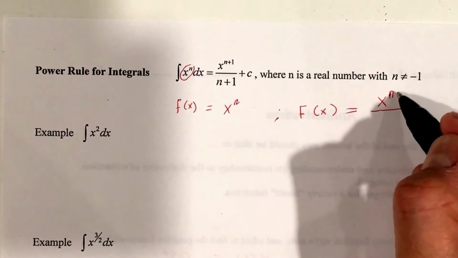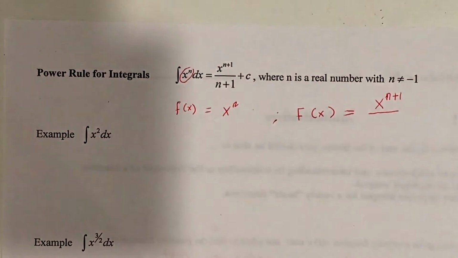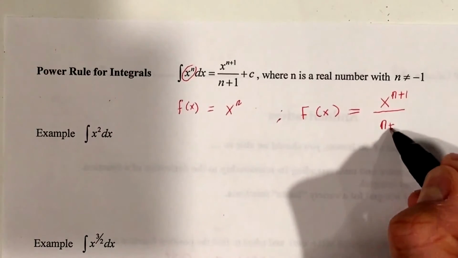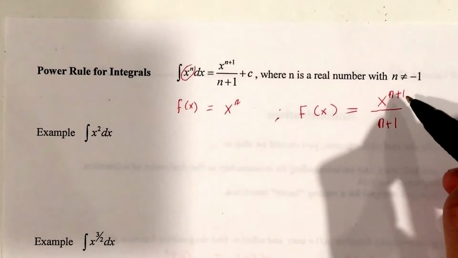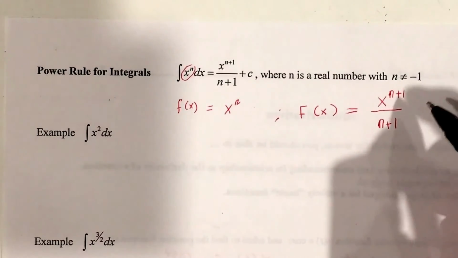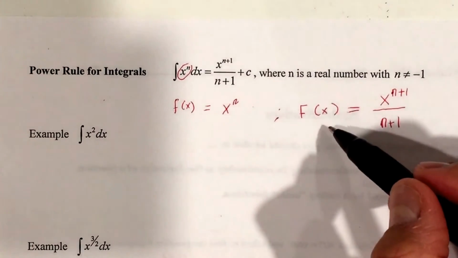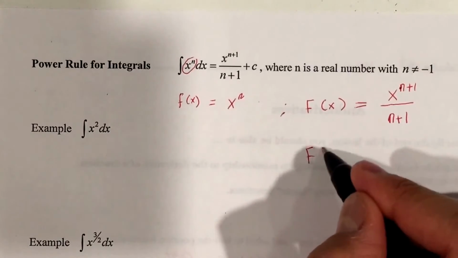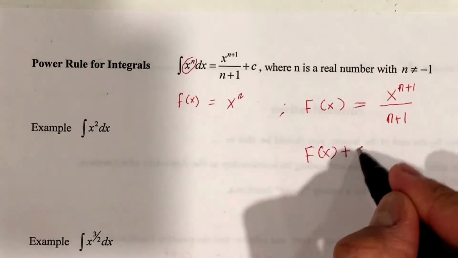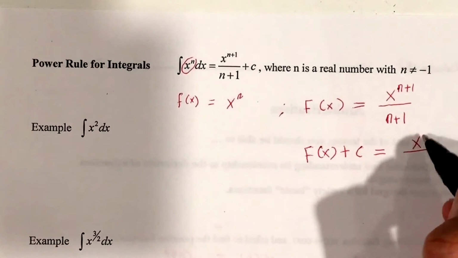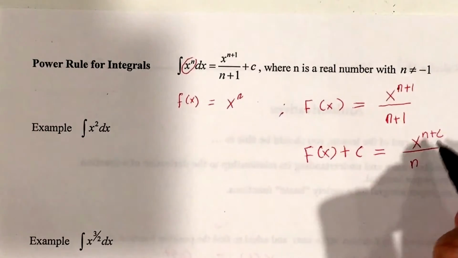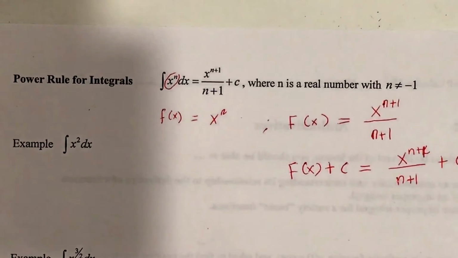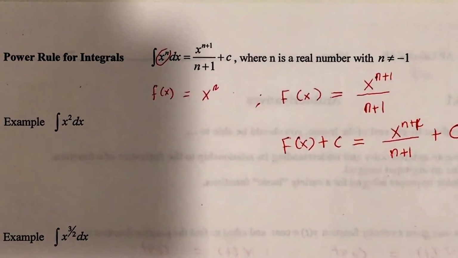The original exponent is n, so add 1 to it, and then divide by the new exponent, which is n plus 1. That's one of the antiderivatives. But if you want to find the general antiderivative, then you just need to add the letter c afterward, and that gives you the general antiderivative.